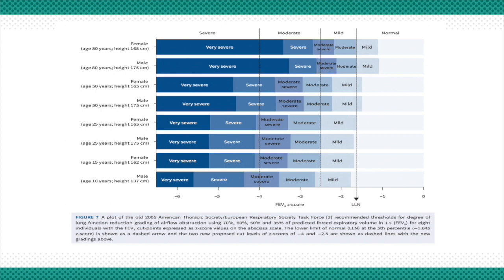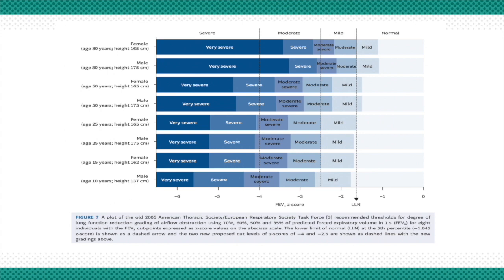A very good example given in the guideline statement compares the earlier mild, moderate, severe and very severe criteria with the Z-score and the lower limit of normal application. If you look at it, a lot of patients who were earlier designated as mild impairment are actually normal. If you look at the lower limit of normal, patients who had a moderate to severe diagnosis are actually on the milder curve.